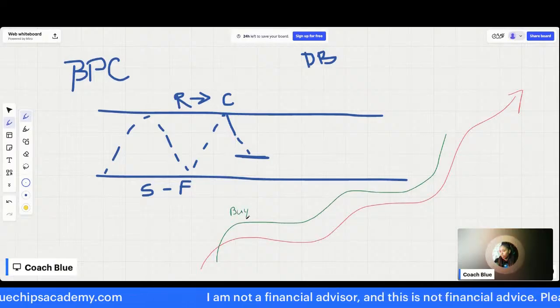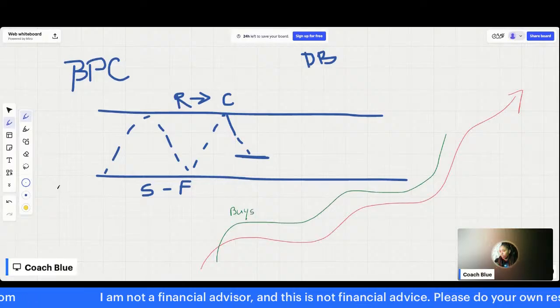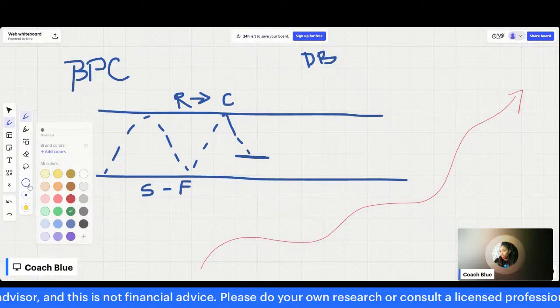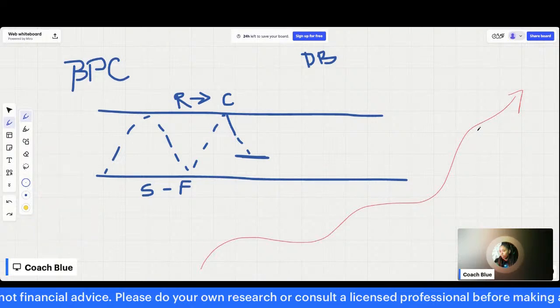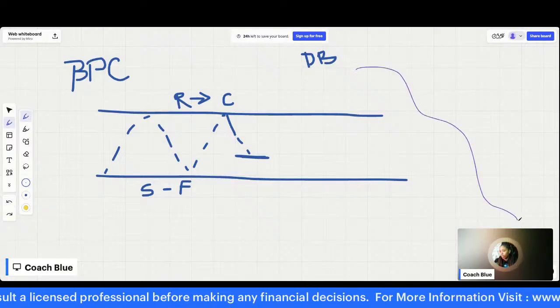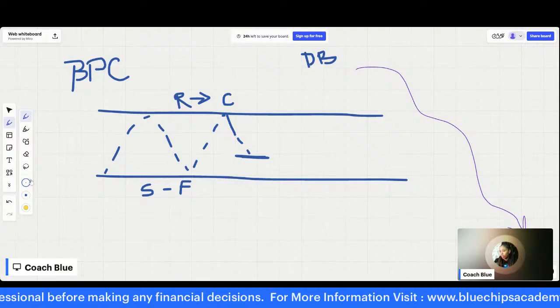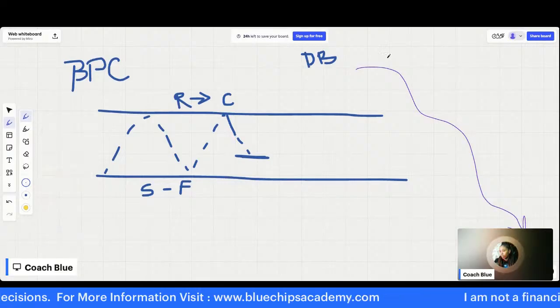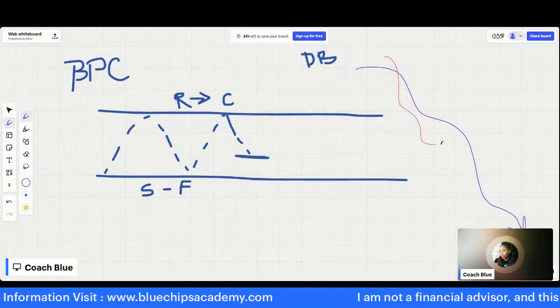Now, if the 20 is beneath the 200, then we're looking for sales. Basically it's in the opposite direction. Here's our 200 coming down, and let's say our 20 EMA crosses over and is moving to the downside.